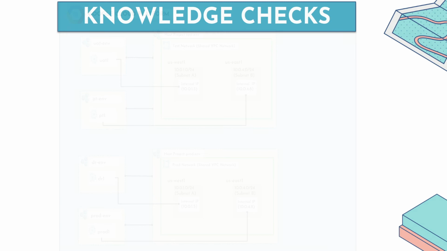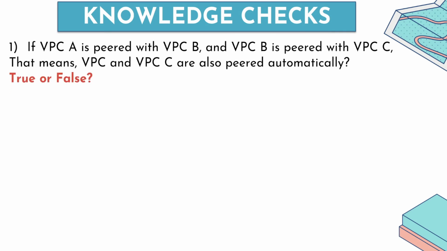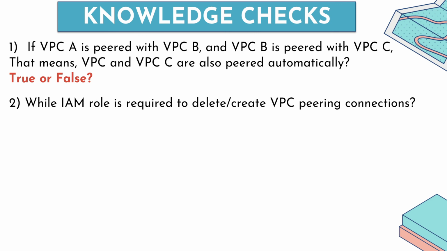Now let's do a quick knowledge check about what we have learned so far. Let's say VPC A is peered with VPC B and VPC B is peered with VPC C. Does that mean VPC A and C are also peered automatically? Which IAM role is required to delete or create VPC connections?